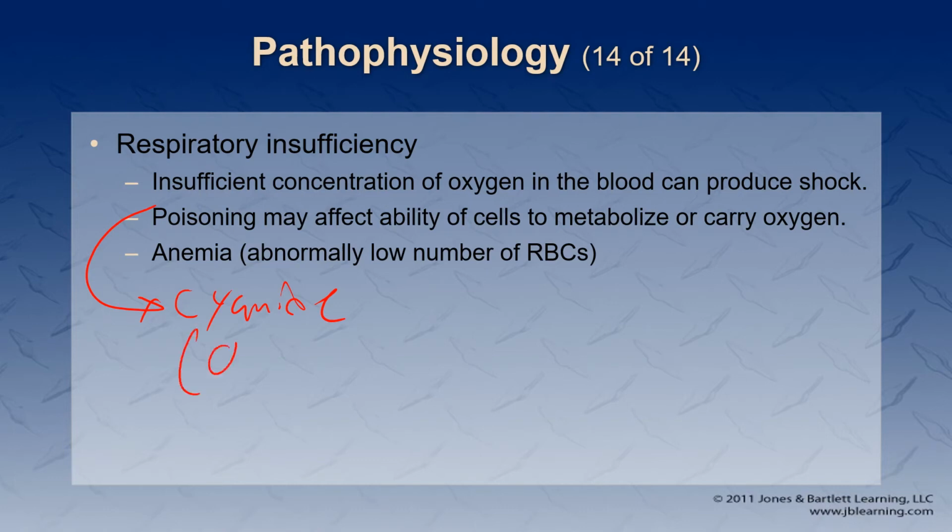Or carbon monoxide, CO. Carbon monoxide binds to hemoglobin and holds onto it far, far, far better than oxygen does. So it'll bind up all of those hemoglobin sites, and now the red blood cells can't carry any oxygen. Or you can have anemia, which is where you just straight up don't have enough red blood cells to carry oxygen. So these are ways in which the respiratory side of things can get you into this shock cascade.